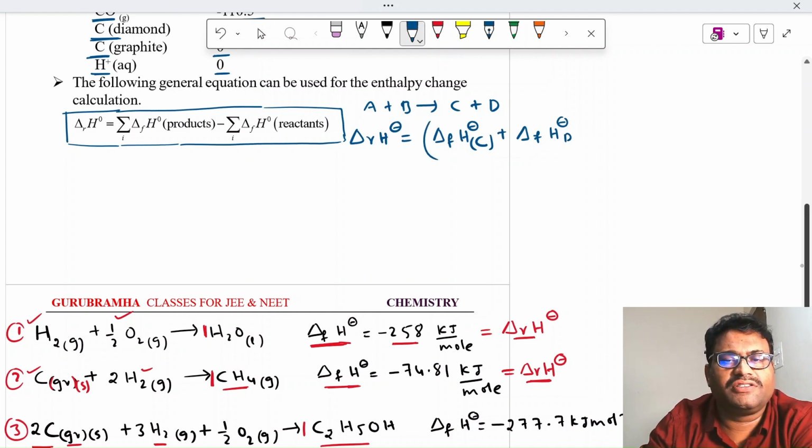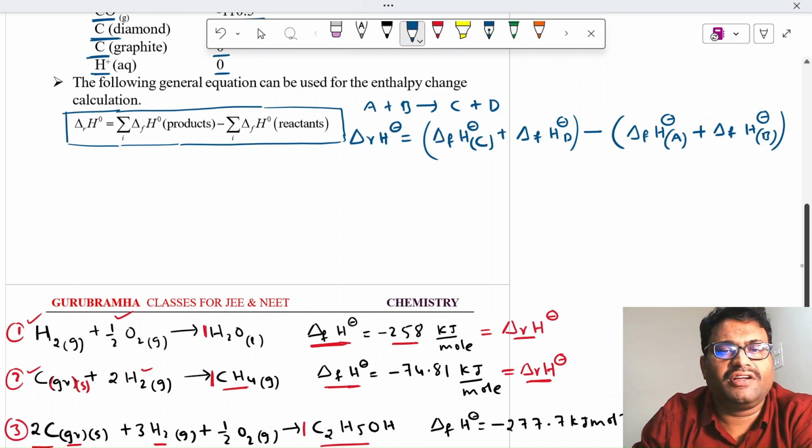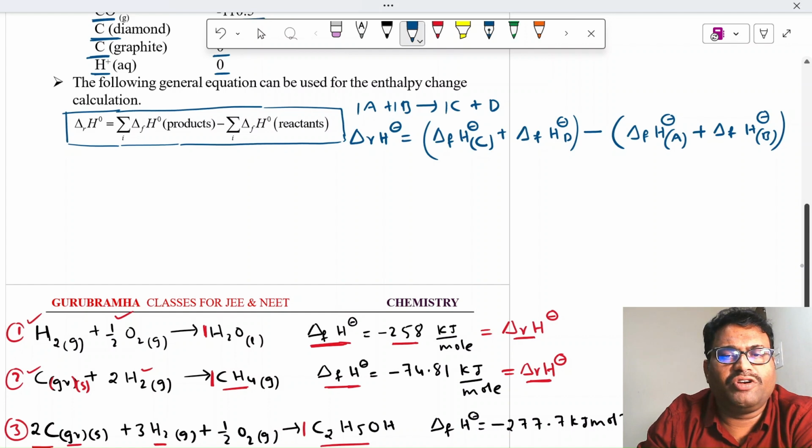So, the sum of the enthalpy of formation of products minus the sum of the enthalpy of formation of reactants. In this reaction we are finding only 1 mole of A reacting with 1 mole of B, giving 1 mole of C and 1 mole of D.